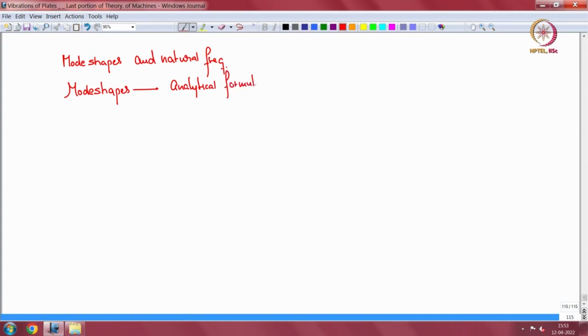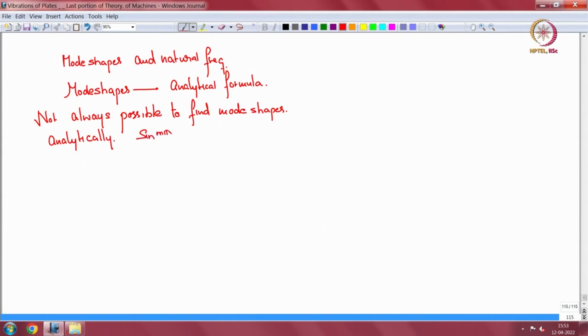However, it is not always possible to find mode shapes analytically, that means as a closed form formula, like some sine m pi x by L cos n theta.